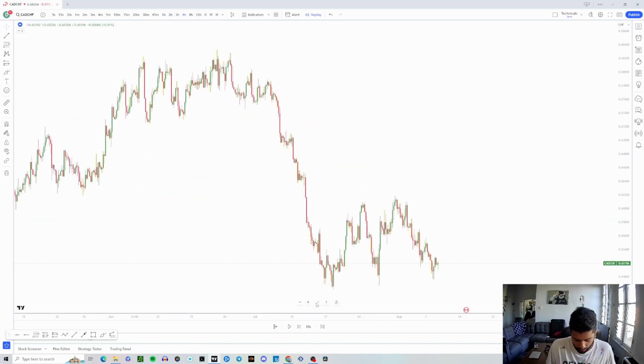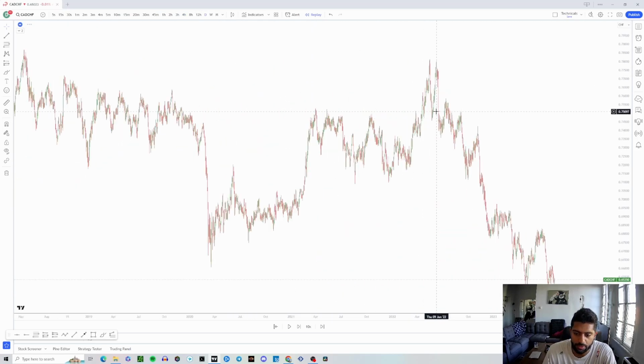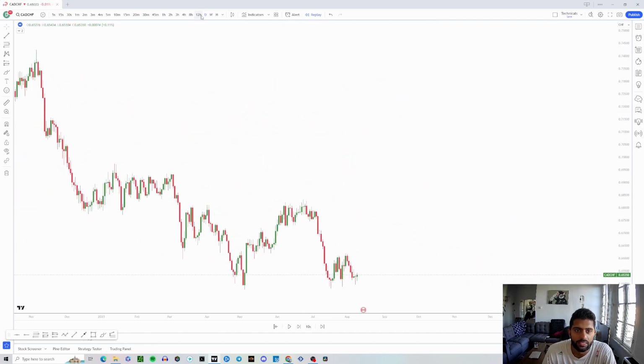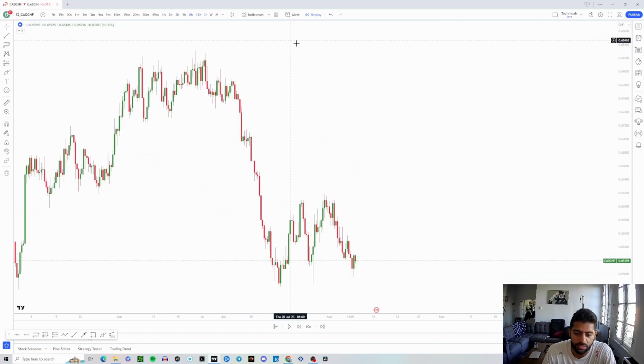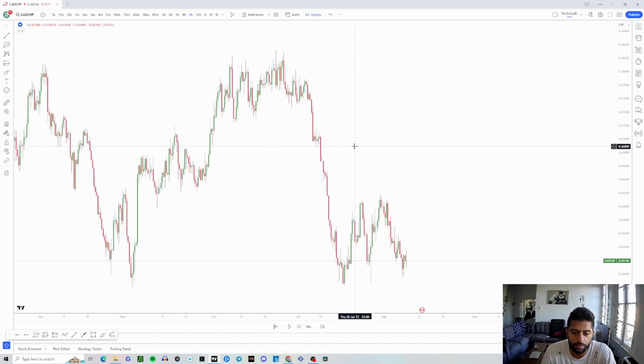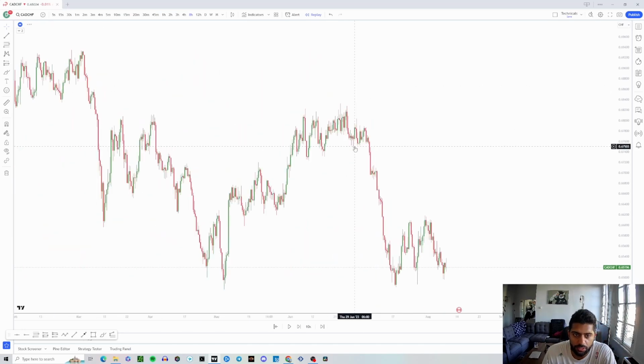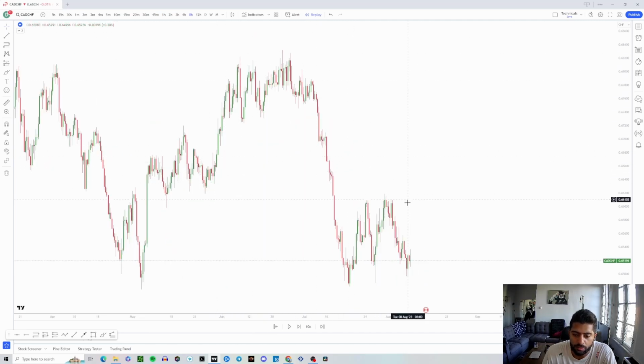So from the higher time frame, I have been trying to buy this just because it's at the bottom, and it could potentially serve high risk to reward if a certain nice play presents itself. It's a clear downtrend, we can see that.